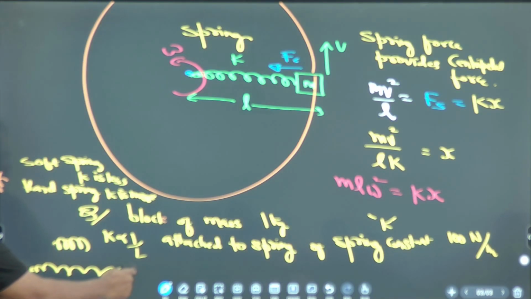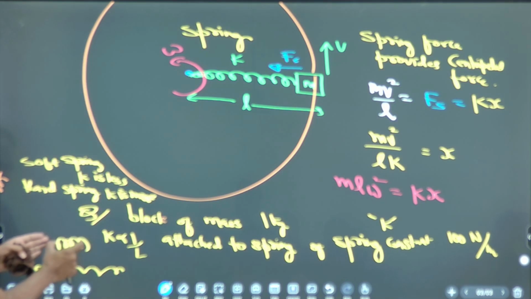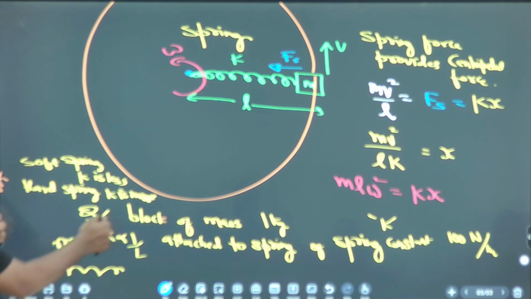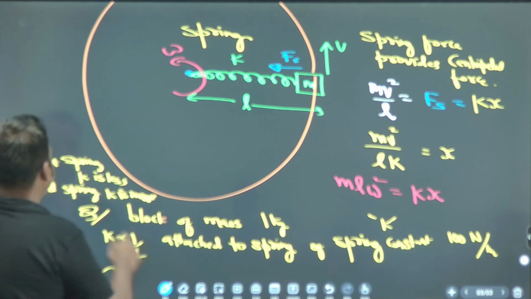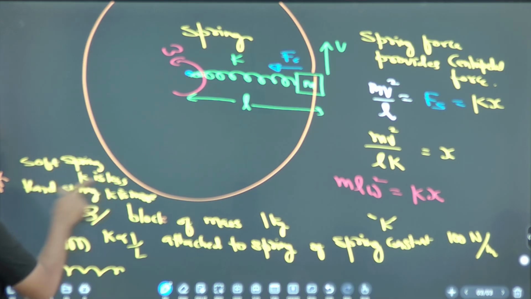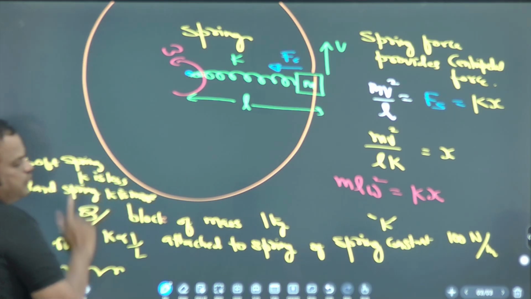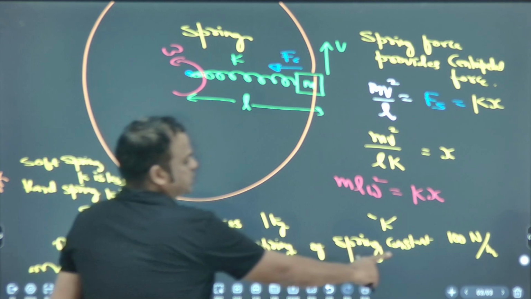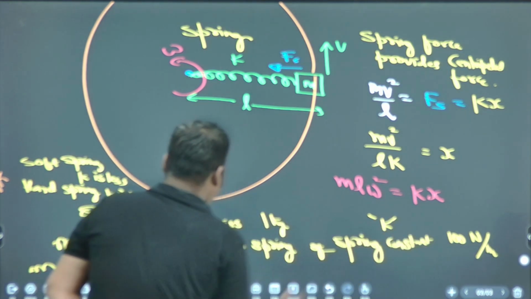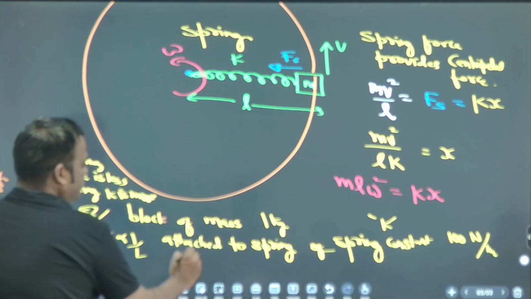More natural length means less K, and this is more K. Spring is small, so K is more. We have discussed this, okay? It is difficult to elongate. So soft spring means K is less, hard spring means K is more. Spring constant is 100 Newton per meter.